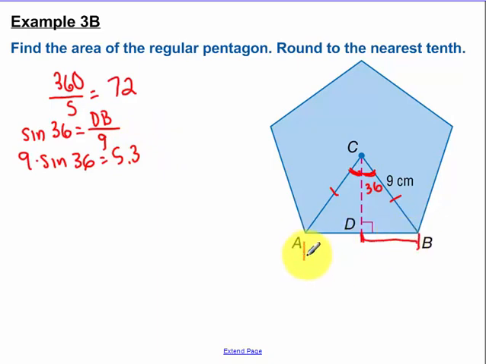The whole segment AB is twice that, which is 10.6. So that's my side length.